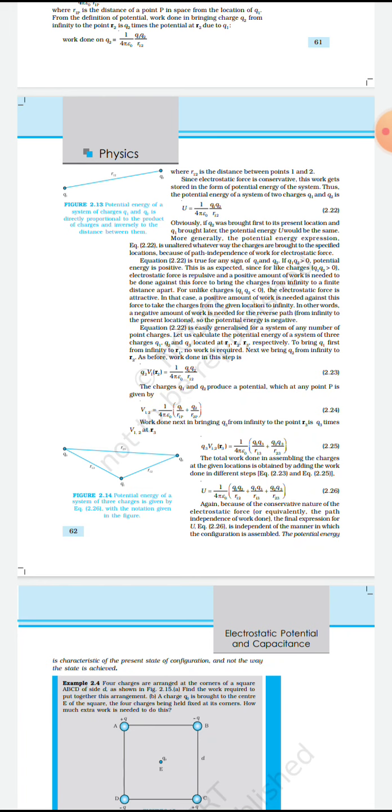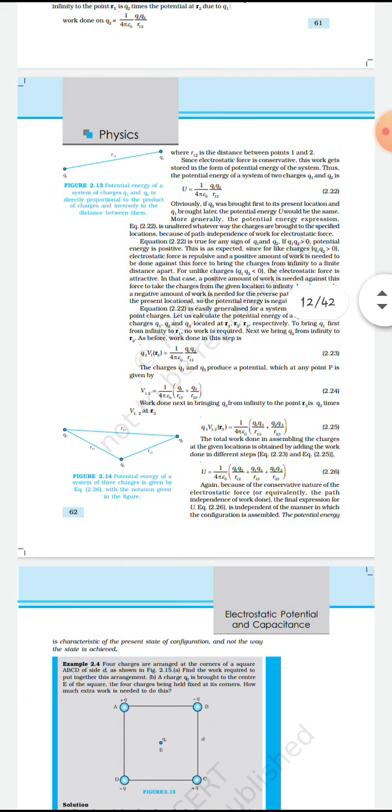This equation is easily generalized for a system of any number of point charges. Let us calculate the potential energy of a system of three charges, Q1, Q2, Q3. Let's see how the potential energy of three charges will be.